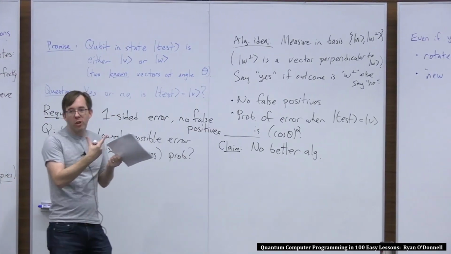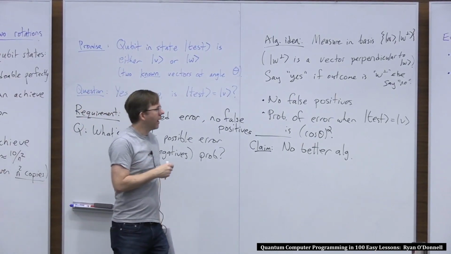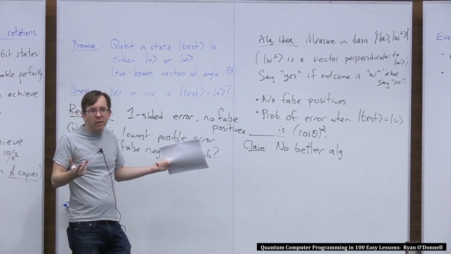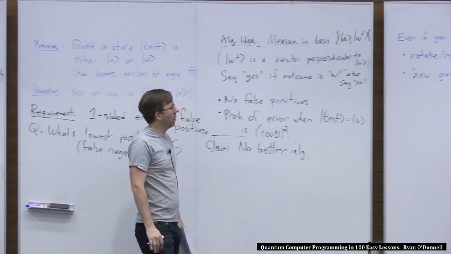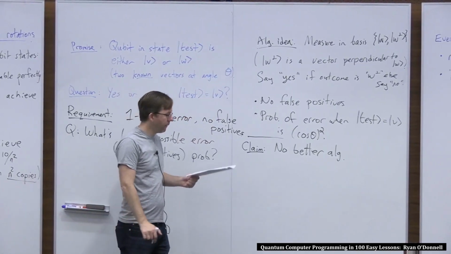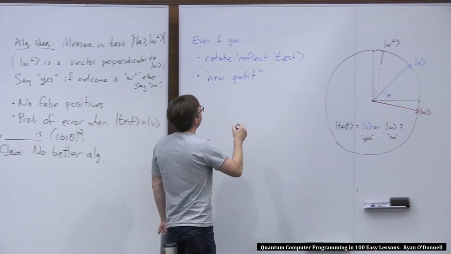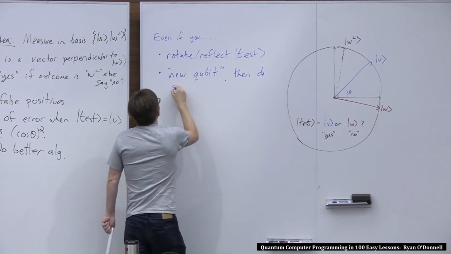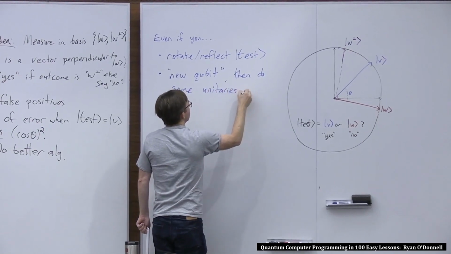Or you could add 2 new qubits, and you could do something like if A and B, then toggle C. And maybe that would help you. Maybe you'll do extract all at the end, and you get 3 bits of information out of your extract all. Maybe this could do something. Turns out no, but you have to think about that a little bit. So you could add a new qubit, then do some unitaries or quantum operations in higher dimensions.